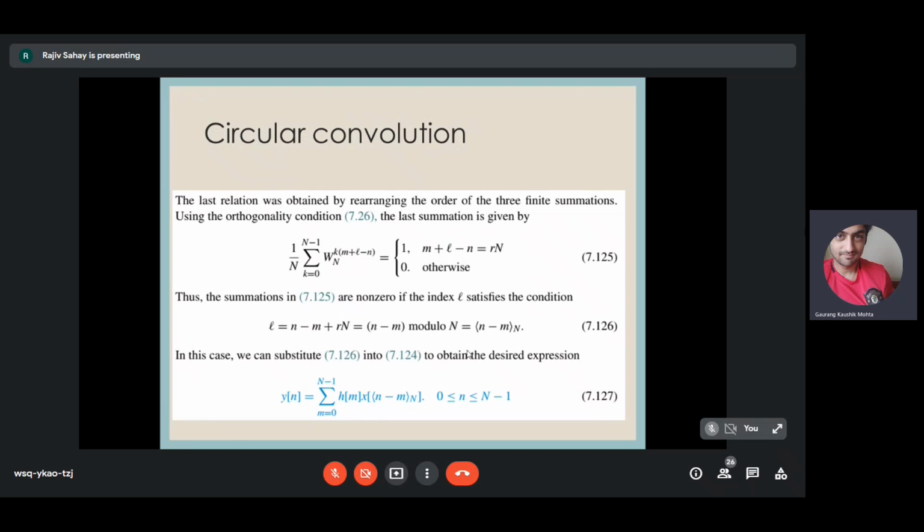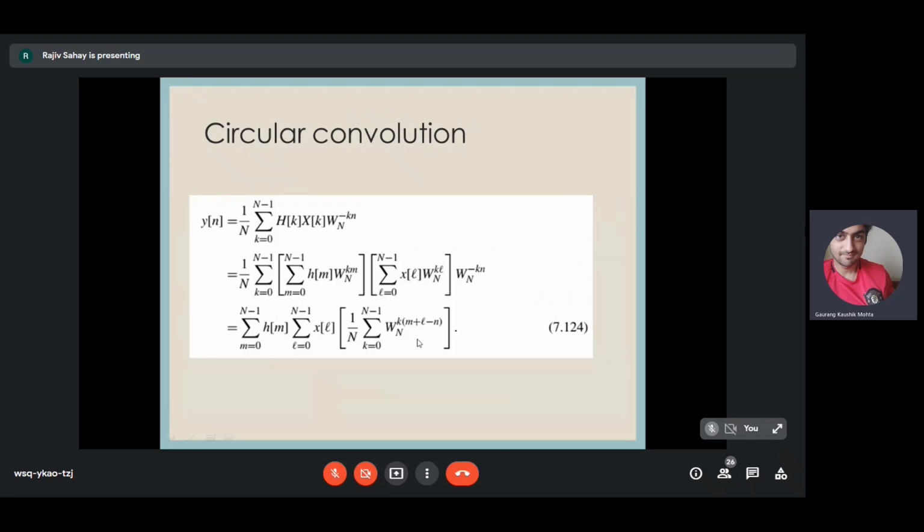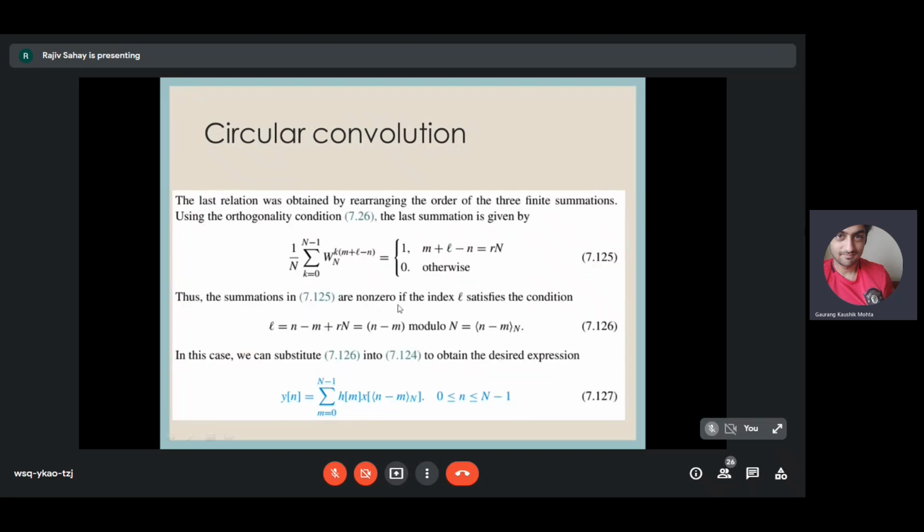Is it clear, everyone? So the summations in this equation are only non-zero if the index l satisfies the condition l equal to n minus m plus r into capital N, that is n minus small m modulo capital N. So now our convolution expression becomes h of m into x of n minus m modulo capital N. So this is circular shifting.